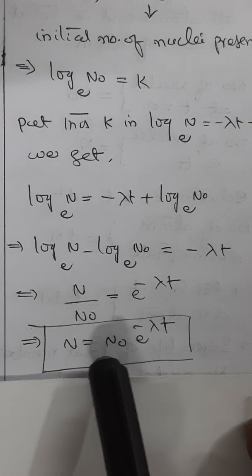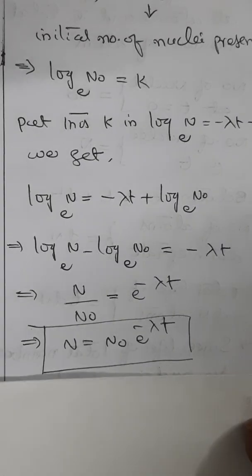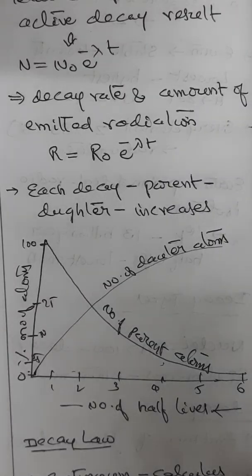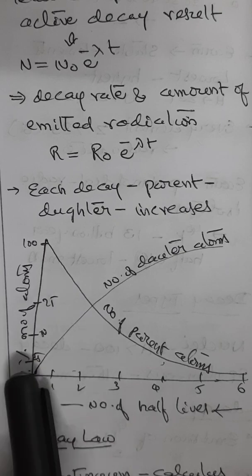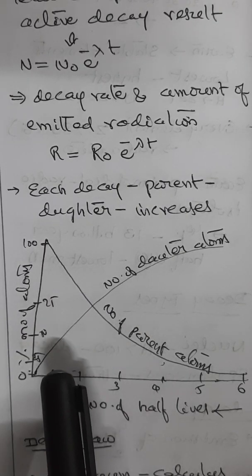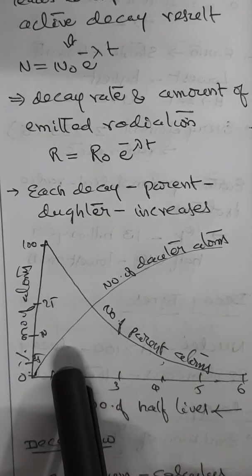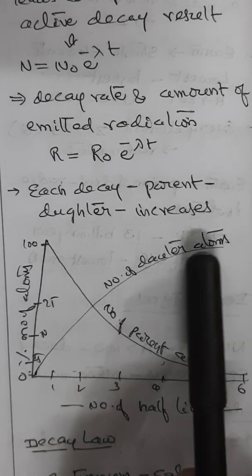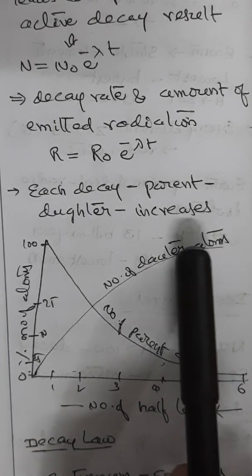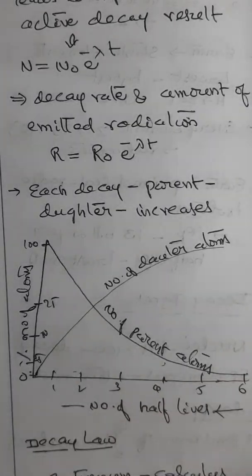The curve shows that the amount of daughter nuclei increases in the sample as the parent nuclei decays.